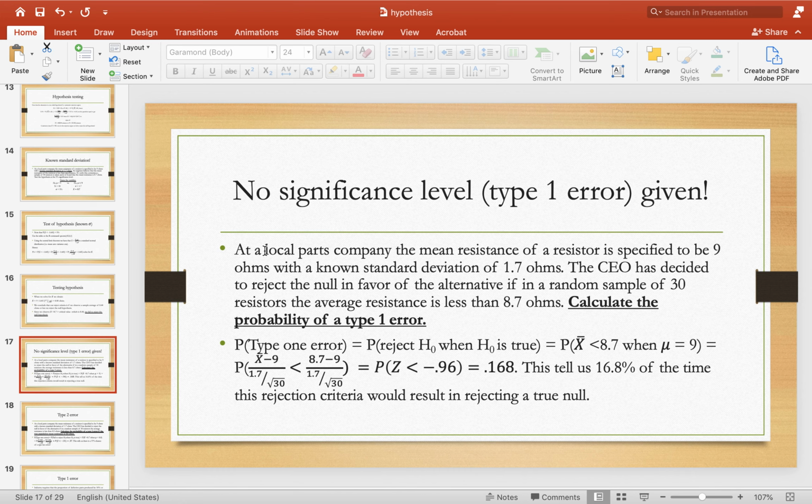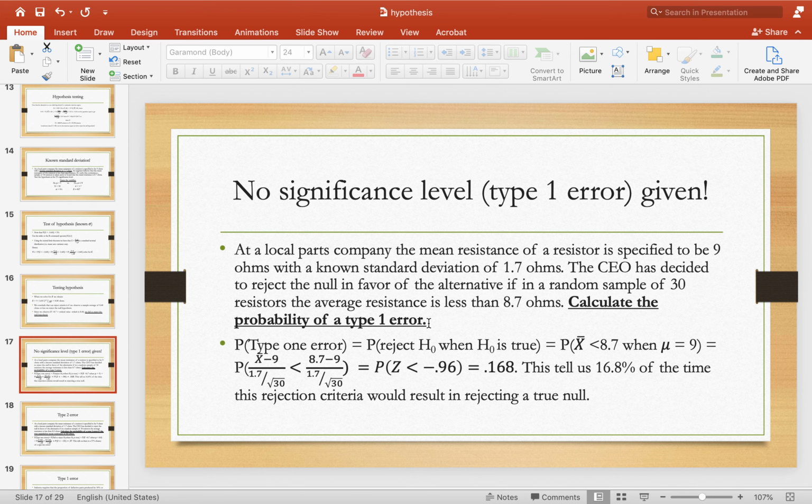So it says that a local parts company, mean resistance of a resistor is specified to be 9 ohms with a known standard deviation of 1.7 ohms. This problem reads very similar. This time the CEO has decided to make a decision. It's decided to reject the null in favor of the alternative if in a random sample of 30 resistors, the average resistance is less than 8.7 ohms.